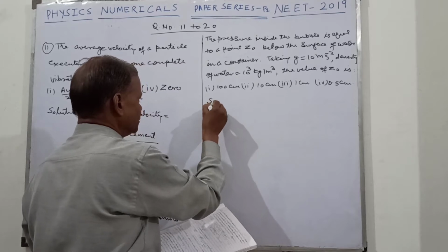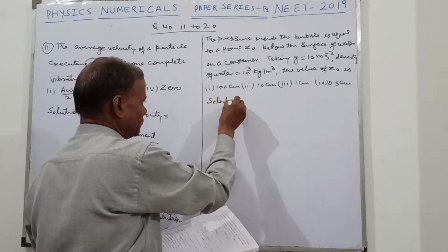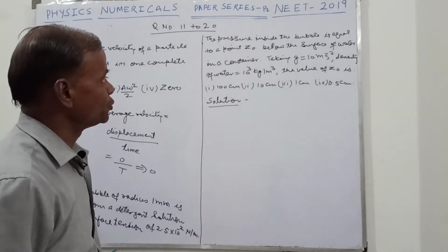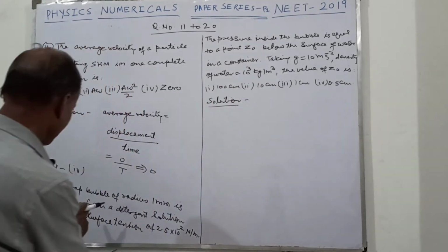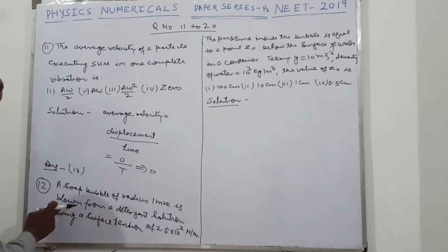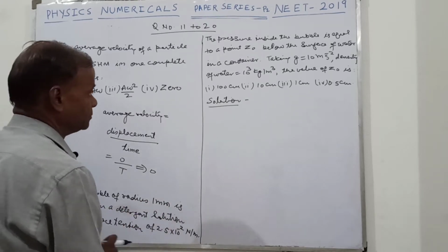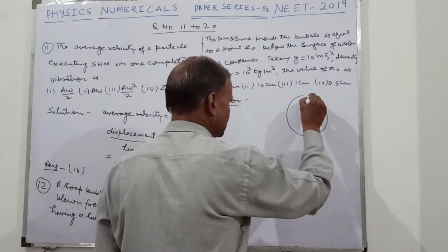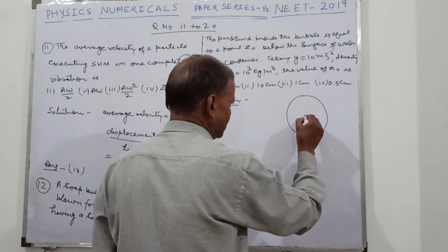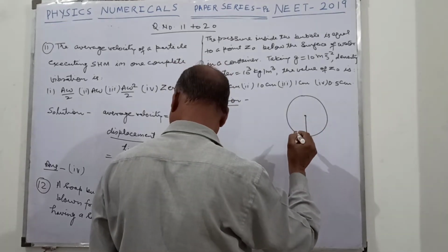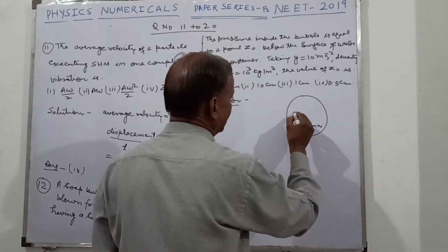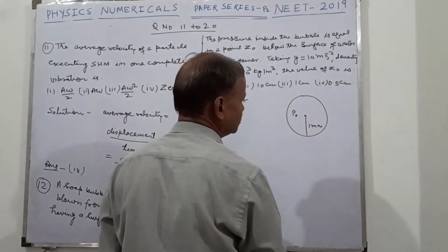Now the solution. Now you are given a soap bubble of radius 1 mm, blown from a detergent solution having a surface tension so much. This is the soap bubble. Its radius is 1 mm and it has the pressure P0.